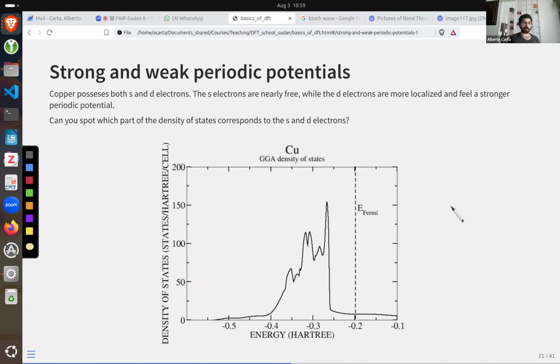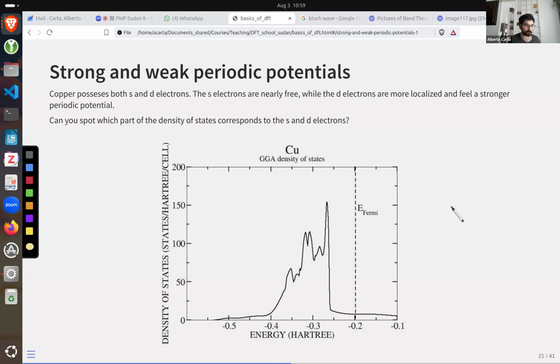Here we look at a system that has both situations at the same time, and this is going to be a recurring thing, in the sense that in general materials are complicated. You will have a combination of both behaviors happening in the same material.